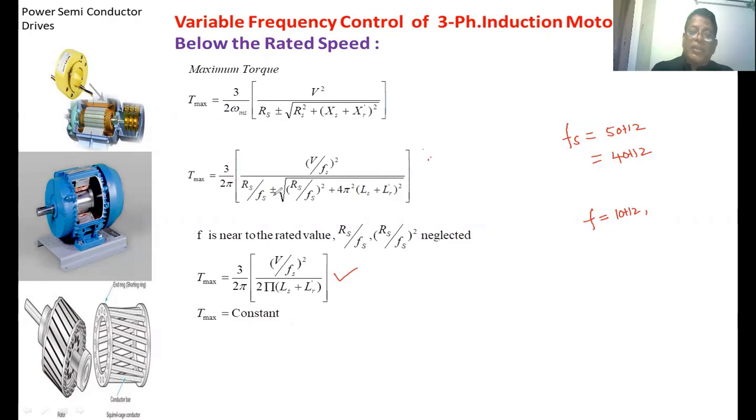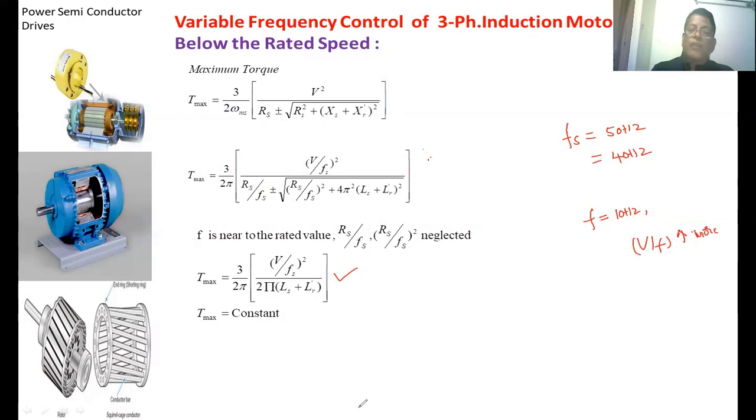During braking operation, because of the minus, the denominator term will decrease, and the maximum torque will increase. To avoid that, at low speed, we maintain the V by F ratio more.